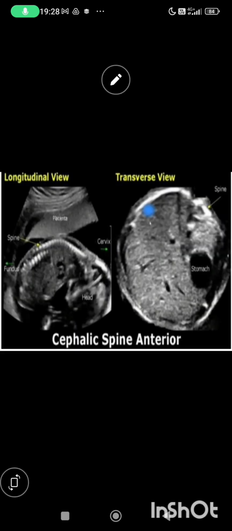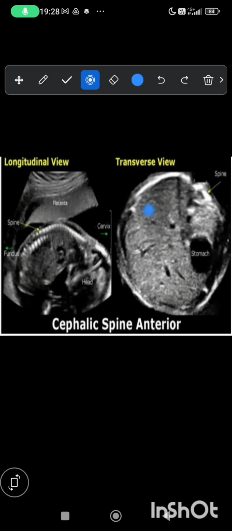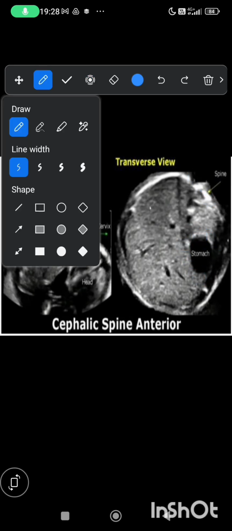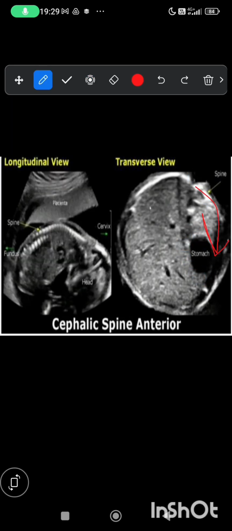This is again a cephalic fetus image, but now with the spine anterior, though all of the principles remain the same. You can see in the longitudinal view the head is toward the cervix, and in the transverse view, when we match the spine with the stomach, is it clockwise or anti-clockwise? Clockwise.